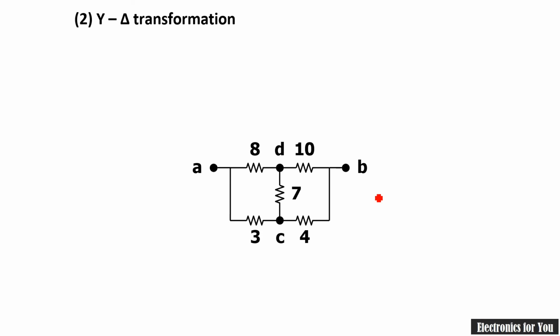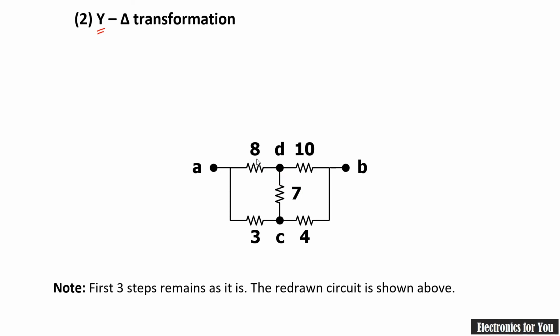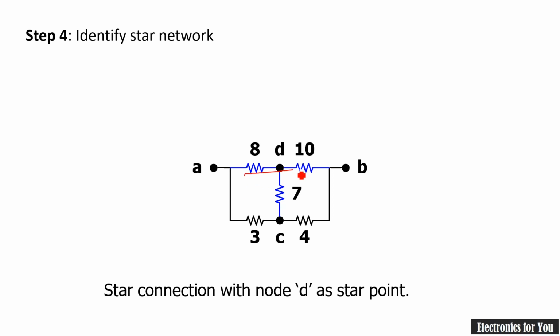Now we will find a star network because we are using a star to delta transformation. Again for the same network you can see the star network there. A star network is one where three resistances are connected to a single point. That single point is called a star point or a neutral point.